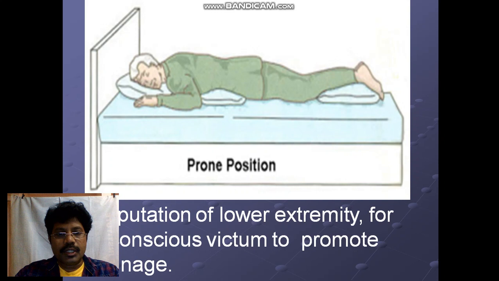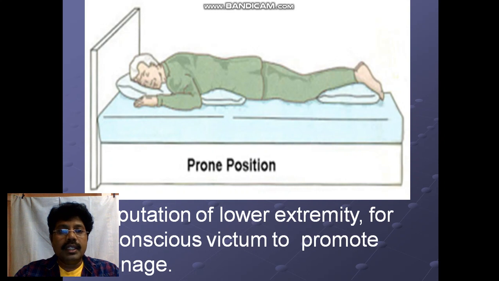The next slide is about the prone position. This is just opposite to the supine position, as you can see in the picture. This position is used for amputation of the lower extremity, for unconscious patients, and to promote drainage if you keep a chest drain.